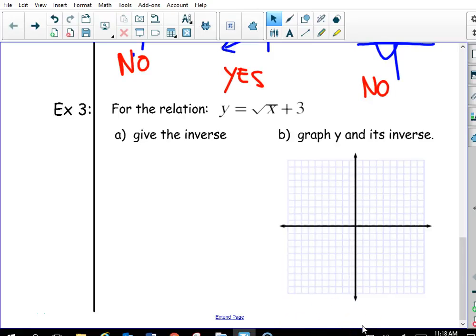Okay, let's take a look at graphing, given the inverse, and graphing y and its inverse. So recall that the way you find an inverse is we switch x and y, and then we solve for y.